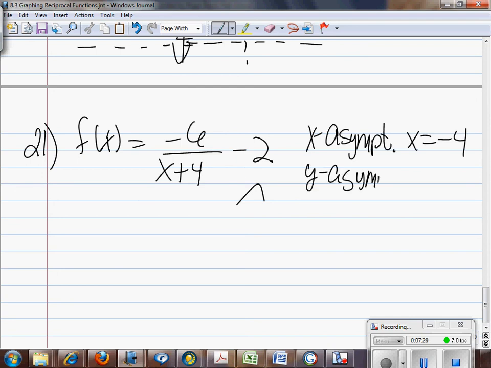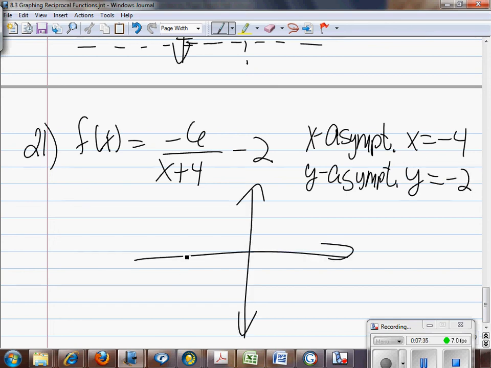And the y asymptote, y is equal to negative 2. Sketch those. And then you're going to make your tables and draw in your hyperbola.